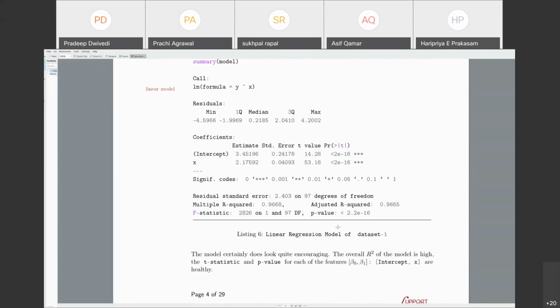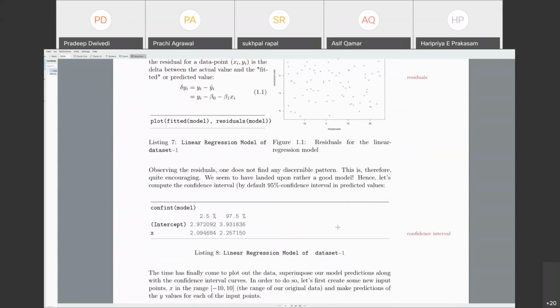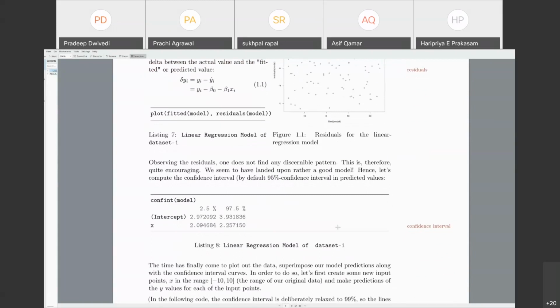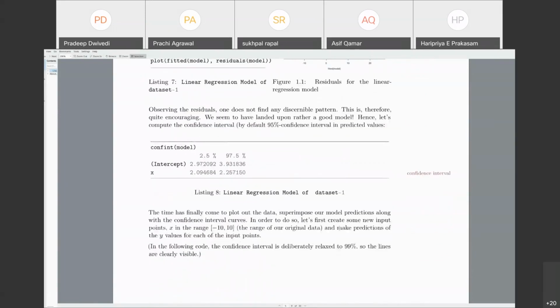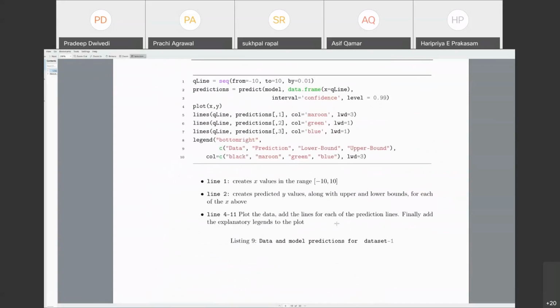One more thing we need to do is plot the residuals. Remember our Gauss-Markov assumptions? We must establish that all those assumptions are met by a model. Linearity is simple. Data, obviously, we have taken the data and we know what it is.